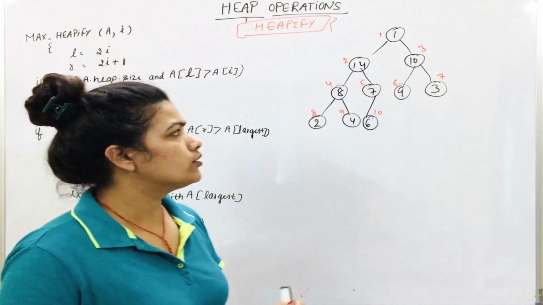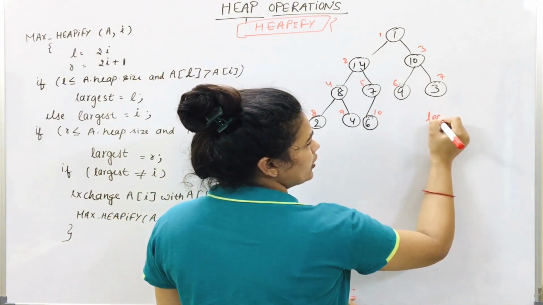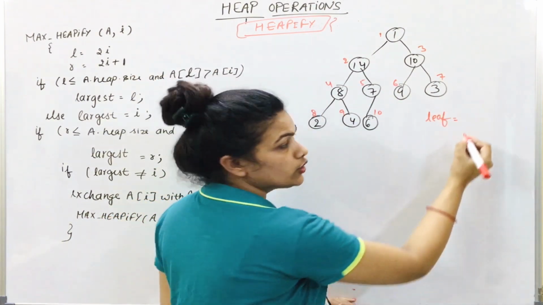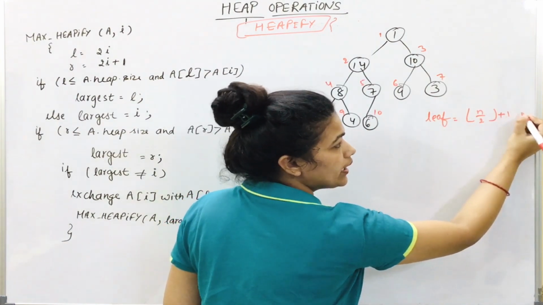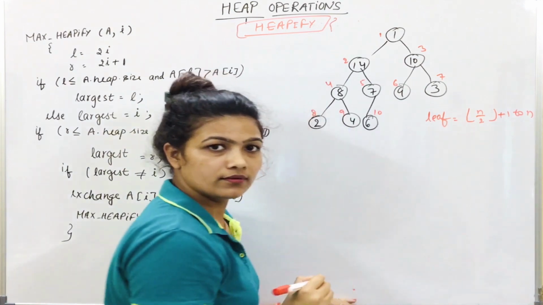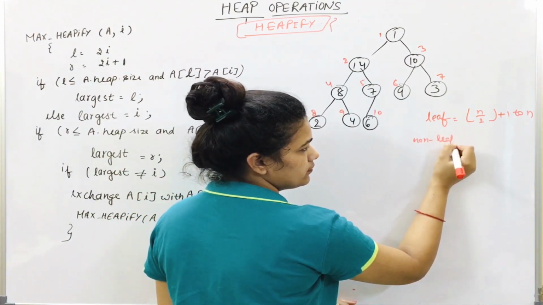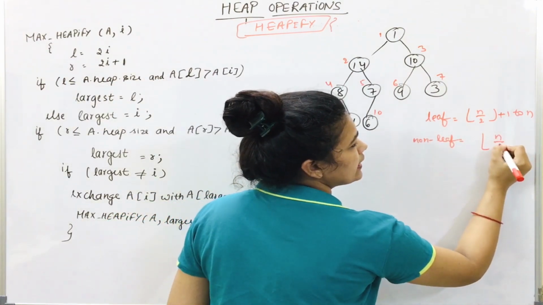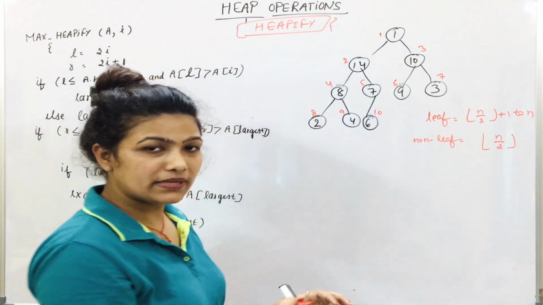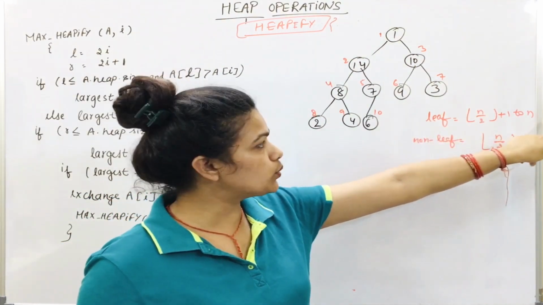For now, in a heap, leaf nodes will be from n by 2 plus 1 to n, and non-leaf nodes will be till n by 2. Simply, we can check the leaf nodes are from floor of n by 2, plus 1 to n.